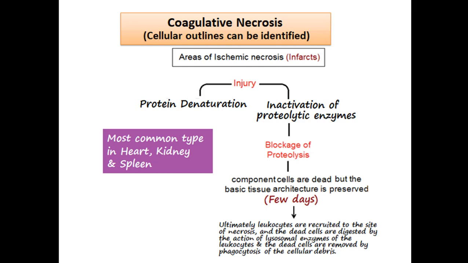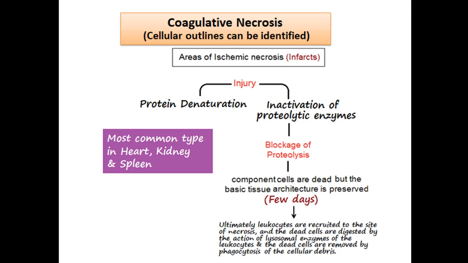This type of necrosis, in which the cellular outlines can be identified for at least a few days, most commonly occurs in solid organs, for example, the heart, kidney, and spleen. However, this integrity of the tissue is short-lived, and ultimately the injury will lead to inflammation, and the leukocytes are recruited to the site of tissue death.